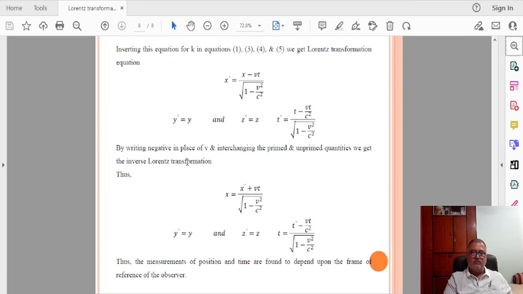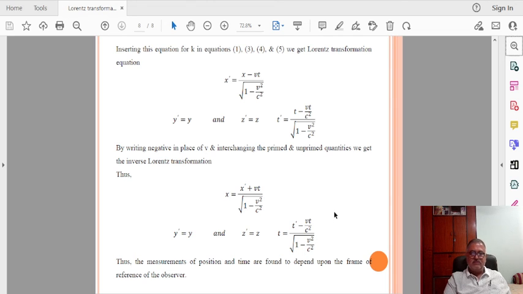By writing negative in place of v and interchanging the primed and unprimed quantities, we get the inverse Lorentz transformation. And this is nothing but the inverse Lorentz transformation equation, and by which we are able to get t by solving: t equal to (t prime plus v x prime upon c square) upon root of 1 minus v square upon c square.